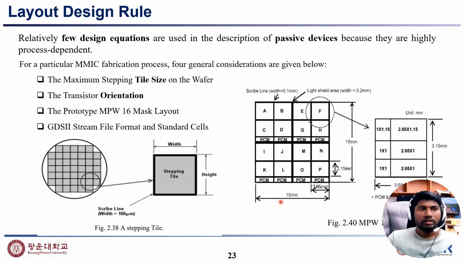Then layout design rule. So relatively few design equations are used in the description of passive device because they are highly process dependent. And for a particular MMIC, four general considerations are considered, and that is the maximum stepping tile size, the transistor orientation, the prototype of MPW 16 max layout, you can see from here, and GDS2 stream file format and standard cell.